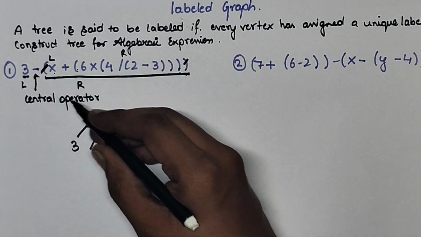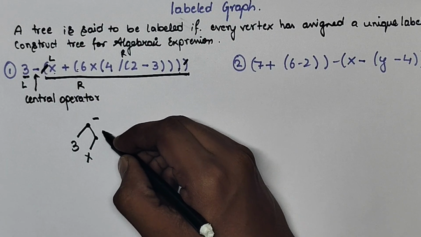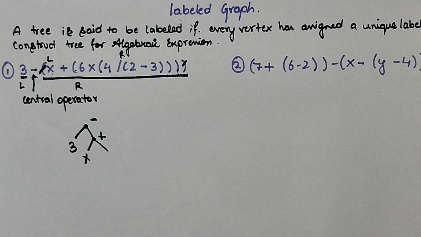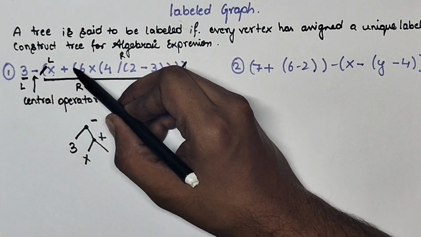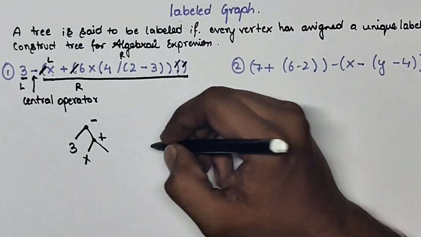So the left operand will be x, and the central operator is plus, which is connecting the left side and right side, and in the right side we have the bracket element, so we have not removed that one. Now come to this bracket element; the open bracket and closed bracket will be removed.